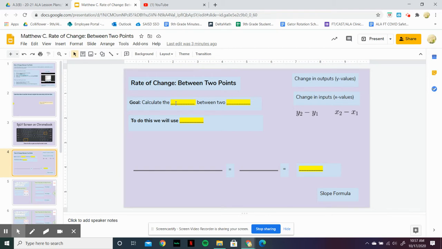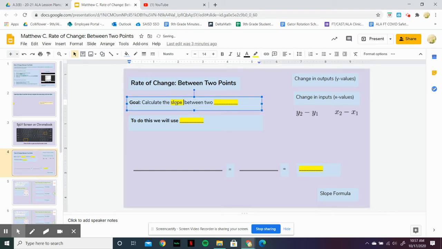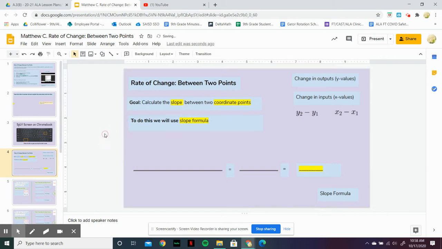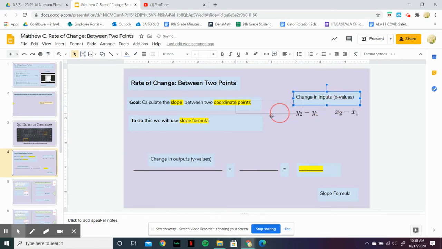Our goal is to calculate the slope between two coordinate points. And remember, slope and rate of change are the same thing. And to do this, we're going to use the slope formula, which we learned about in our previous set of notes. That slope formula is our change in outputs, which is the y values, divided by the change in inputs, which is the x values.